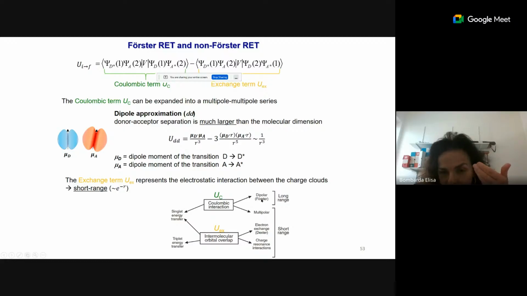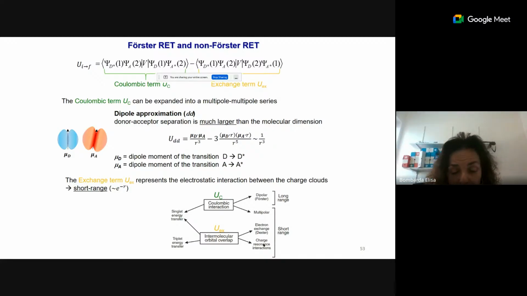Forster resonance energy transfer, where instead the exchange term is playing a larger role, there are some short range effects, and in this case the model of Forster is not really working. So it's not all the time that we see the emission of the acceptor when we excite the donor.